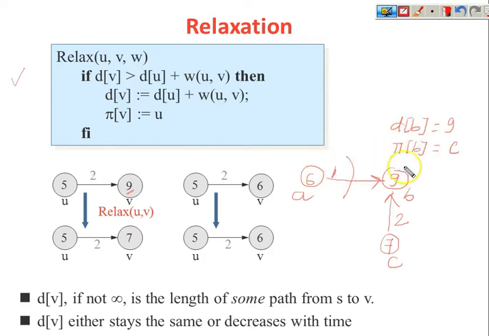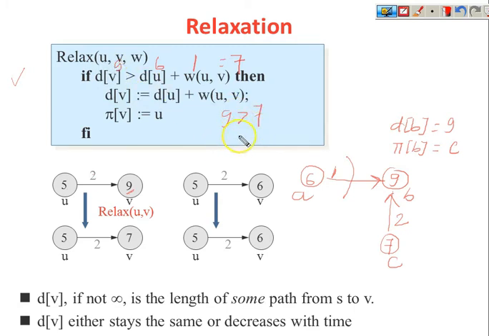So when we process our algorithm, let's say we have found one path from A to B, and we need to decide which path is better to B. Either we have to go from C to B or from A to B. So how can we find this? We keep on checking this relaxation procedure. So here we find that the d value of A is 6, and the weight is 1. So this makes 7. And the d value of B is 9 here. So 9 is more than 7.